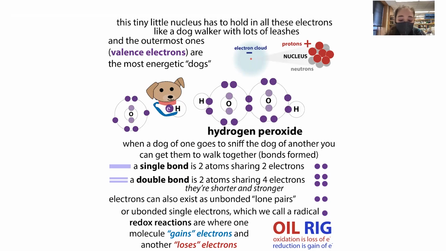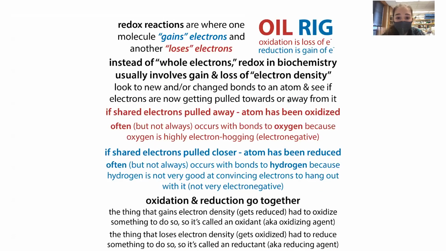So when we talk about oxidation, it's like if you were to break these up, who would the electrons go with? If something is bonded to something that's really electronegative, like an oxygen, then the shared electrons are going to be hanging out more with the oxygen than they would with the hydrogen.